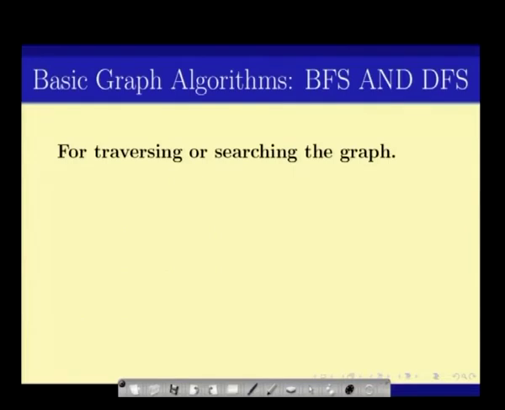Now, what are the basic graph algorithms? The basic graph algorithms are the algorithms that traverse or search the graph. In other words, I give you a graph and ask you to take a walk along the edges in such a way that you touch every vertex.